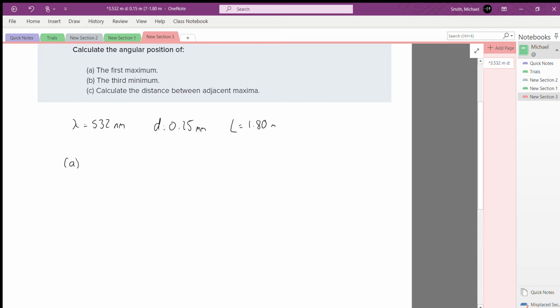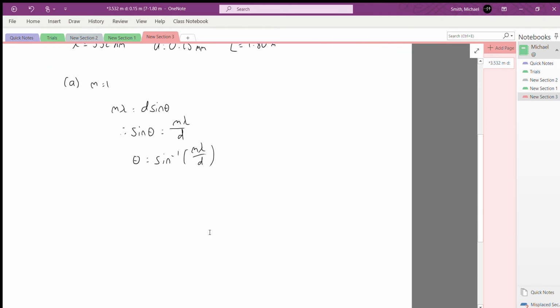First maximum is going to correspond to m equals 1 when we're using the relationship m lambda equals d sine theta. Therefore, sine theta will be m lambda on d, and theta will just be the inverse sine of m lambda on d. Now it's just a matter of substituting in the values that we've got.